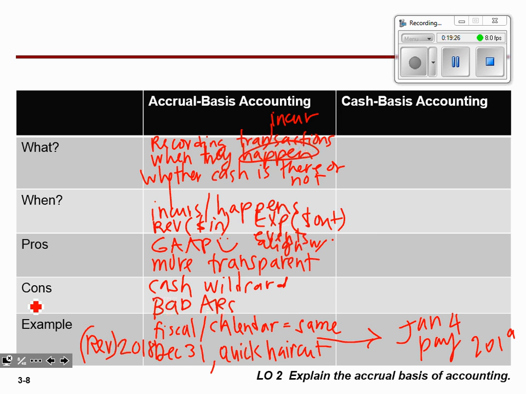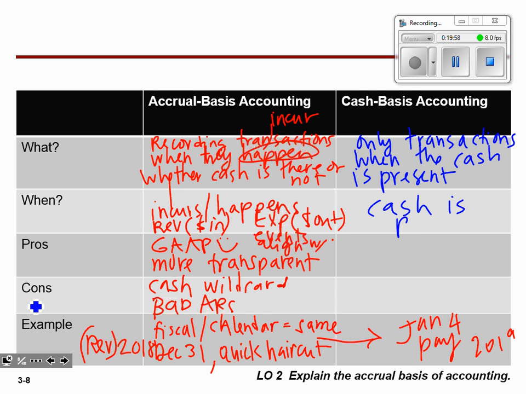So what is cash basis accounting? I'll switch pen colors here. We are only recognizing transactions when the cash is present. Sorry, I missed the word recognizing there. We're only recognizing transactions when the cash follows, whenever the cash is present. In the case of our haircut, the person came back on the 4th of January and paid.